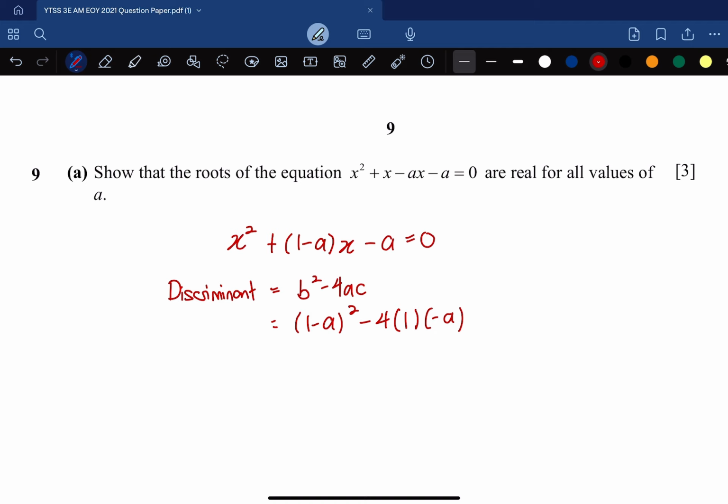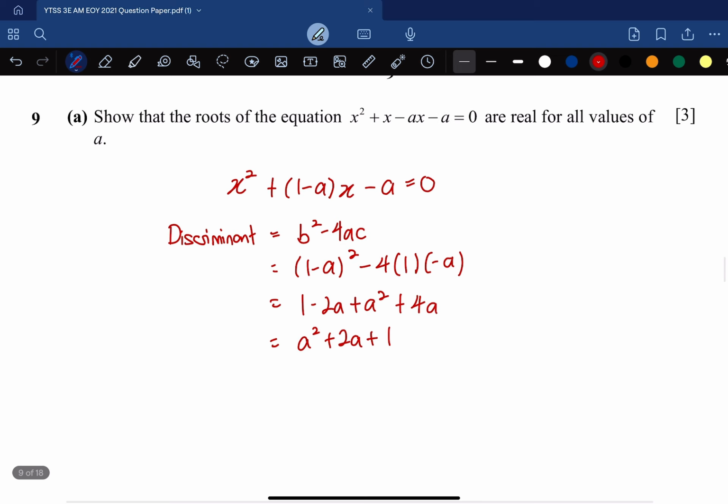Then if I expand and simplify, I have 1 minus 2a plus a squared plus 4a. I will get a squared plus 2a plus 1. And if you notice, this can be rewritten as (a plus 1) squared.